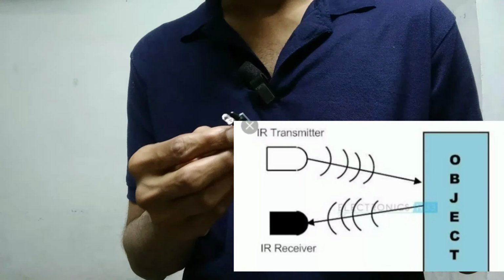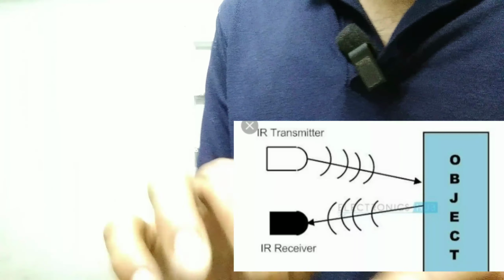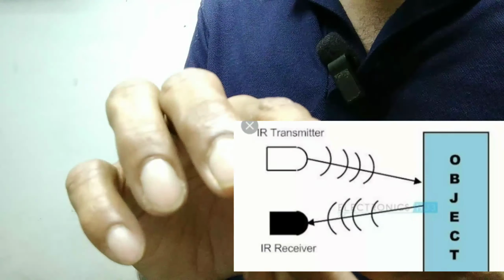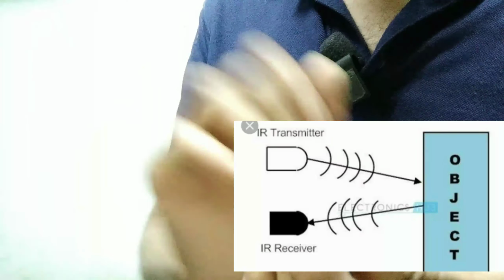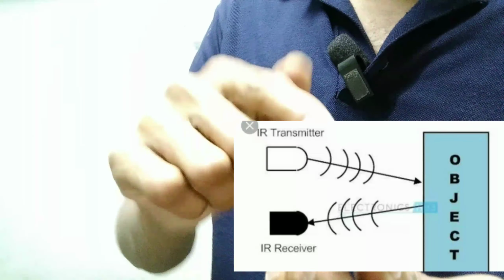Let us come to the working of this IR sensor. Here there are 2 LEDs. This white LED is the transmitter, and this black one is the receiver. This LED transmits IR rays.